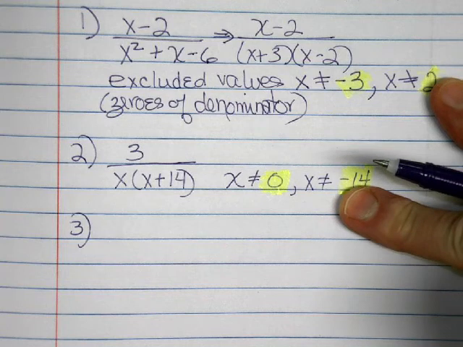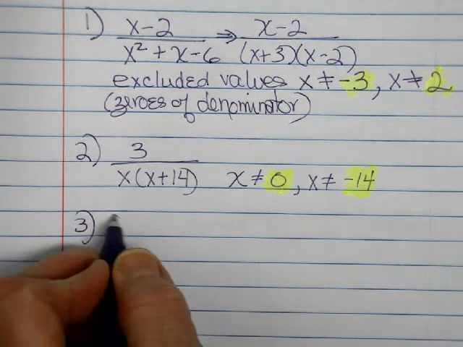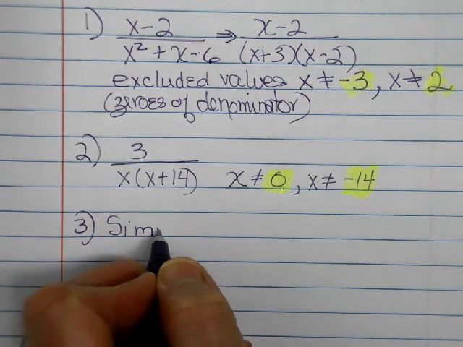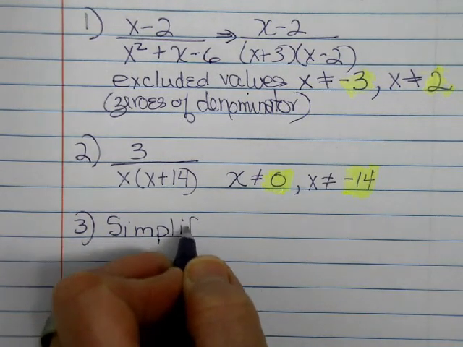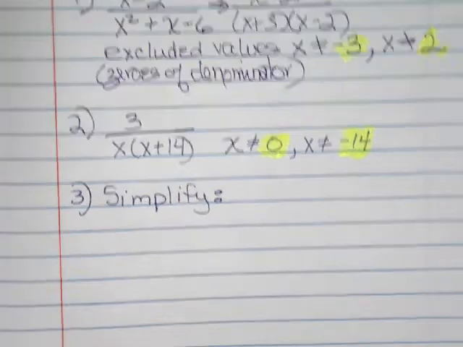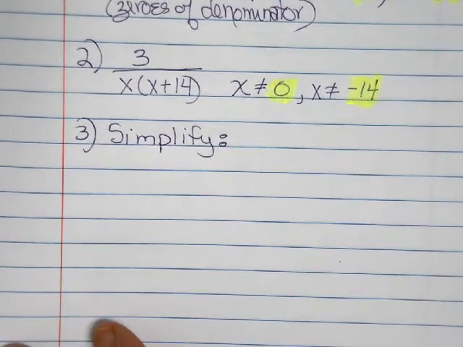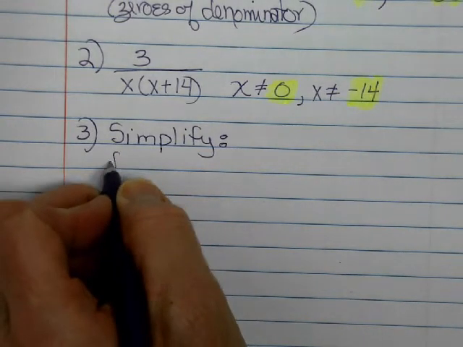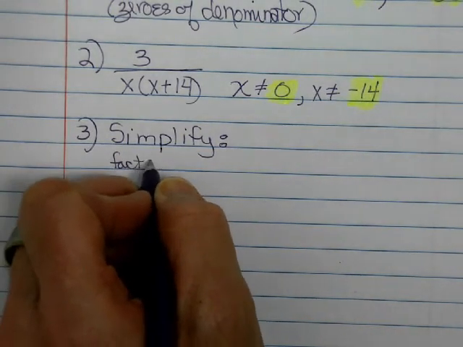Okay, number 3 says the word simplify. In fraction land, that means reduce. But in rational expression land, we can't reduce until we factor. So this means factor and reduce.